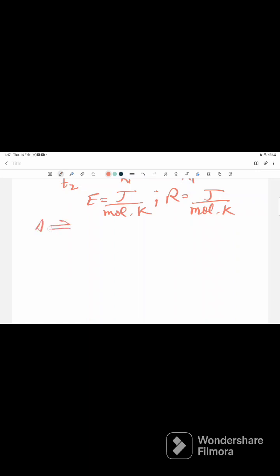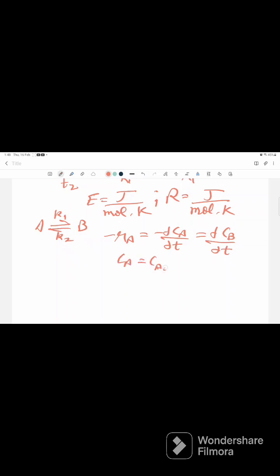If A goes to B with K1, K2, then minus dCA by dt is equal to dCB by dt.